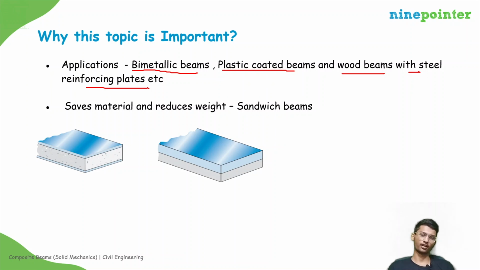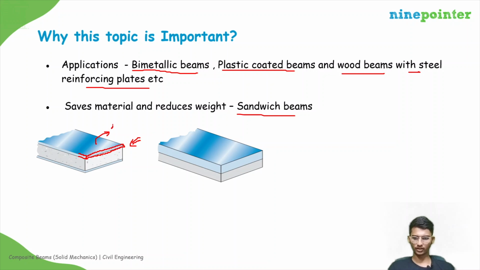reinforcing plates, etc. And in recent times, composite beams are used to save material and to reduce the weight of the structural member. For example, sandwich beams. In a sandwich beam, at the edges there will be a thin plate made up of one type of material.